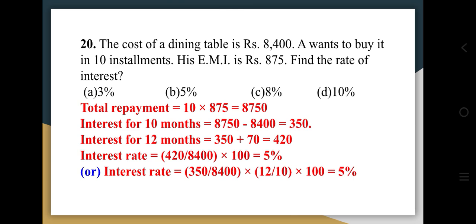So 8,400 corresponds to 420. What 100 corresponds to? We have to divide 420 by 8,400, then multiply it by 100. We can cancel the 100 so that the denominator becomes 84. On simplification it is 5. So the interest rate is 5% per annum.